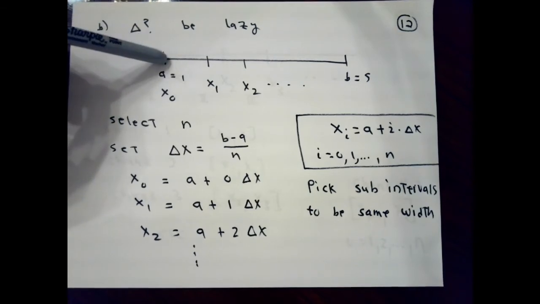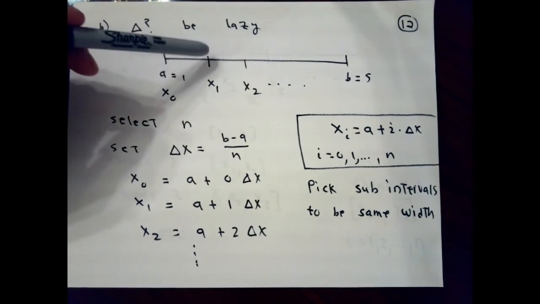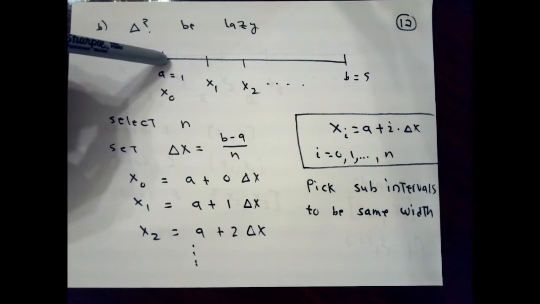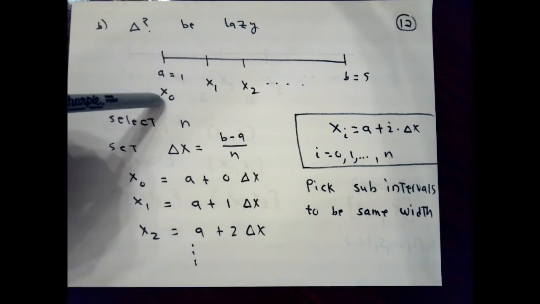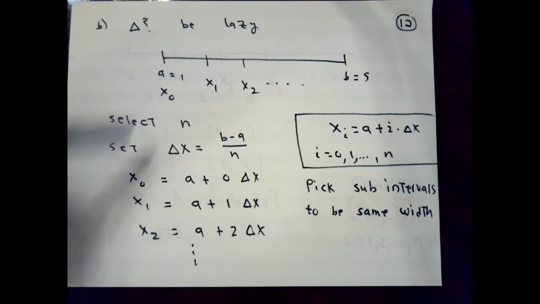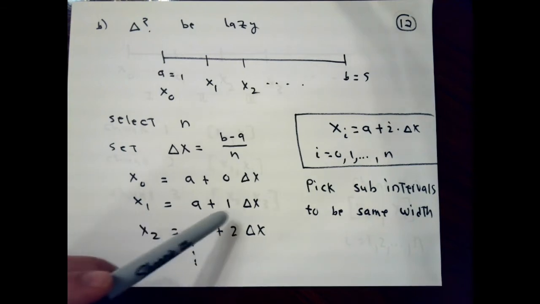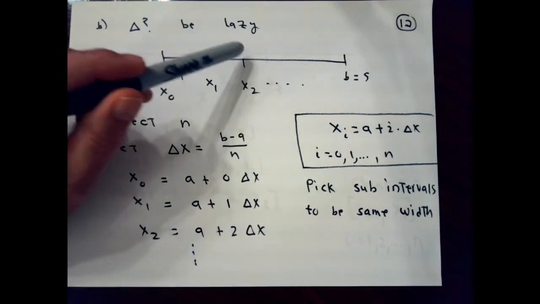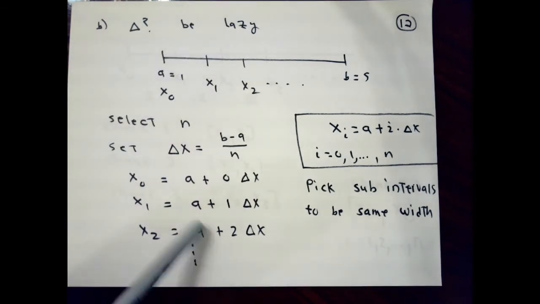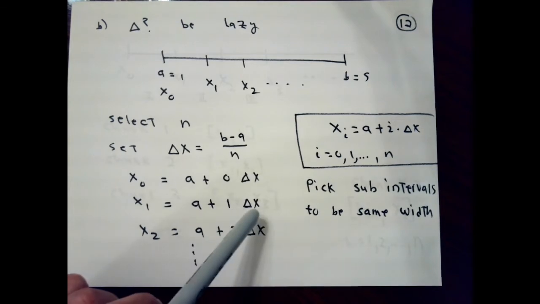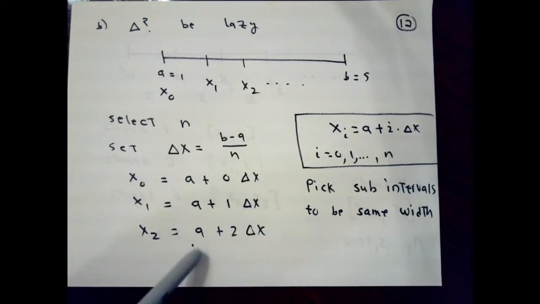x0 is a plus 0 times delta x. x1 is delta x more than x0 was, which was a. x1 is a plus 1 times delta x. x2 is delta x more than x1, so I'll take a plus 1 times delta x and add delta x to it. x2 is a plus 2 times delta x, and probably everyone sees what the pattern is.